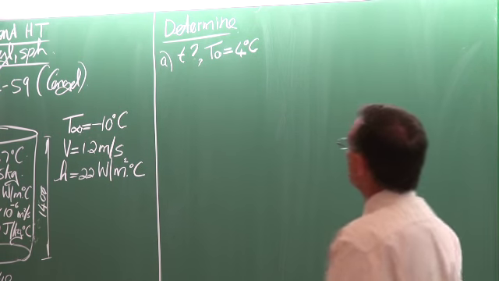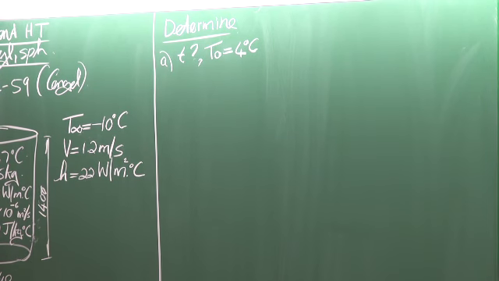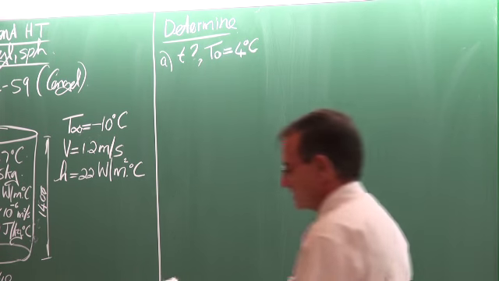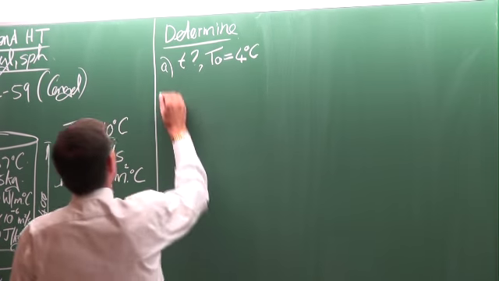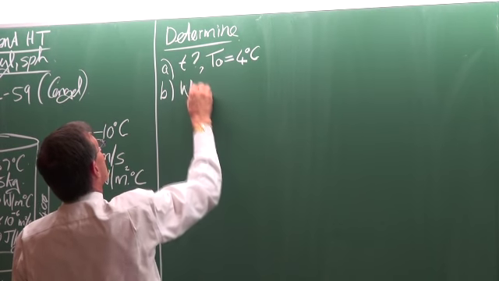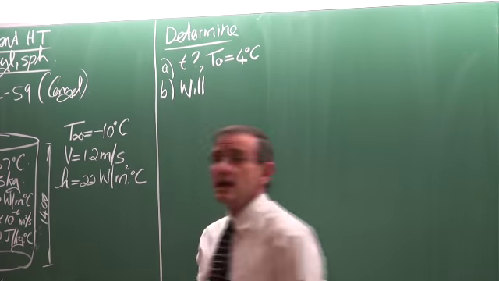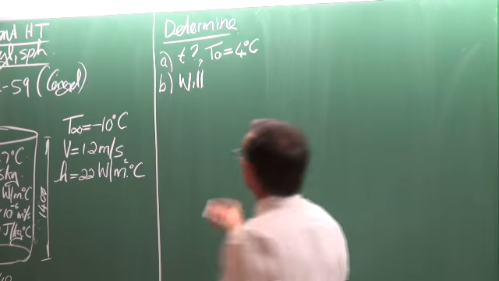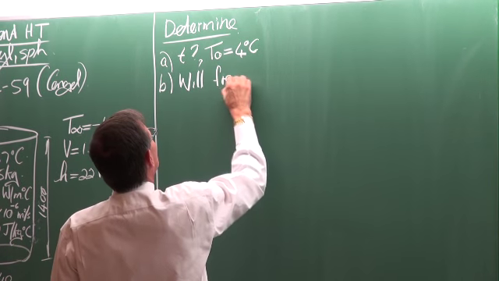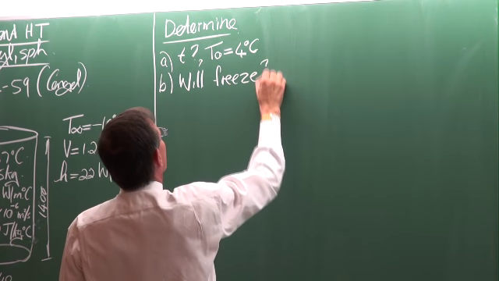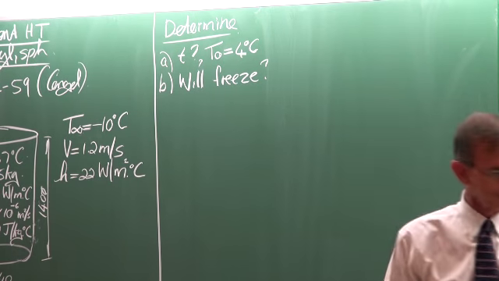So how long will it take for the center temperature to drop to 4 degrees Celsius? Then the next part is, will any part of the carcass freeze?